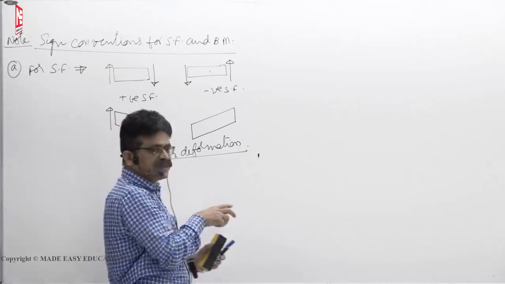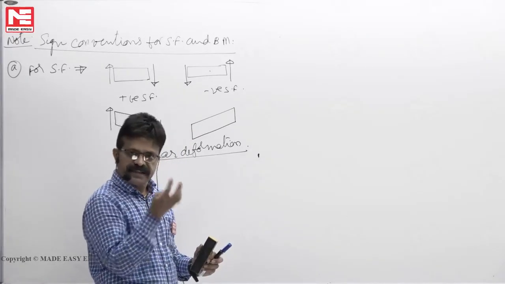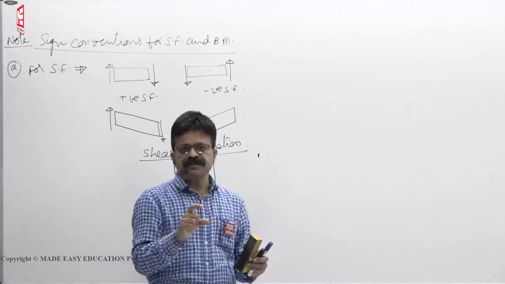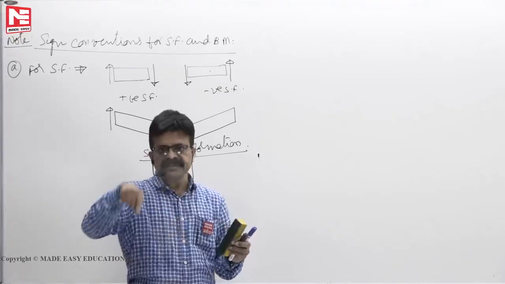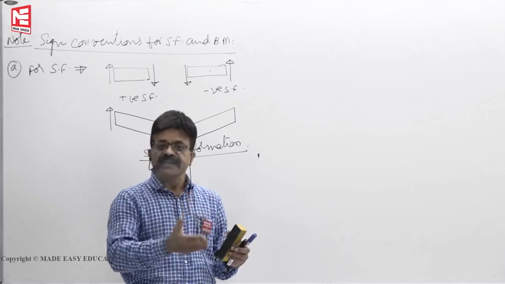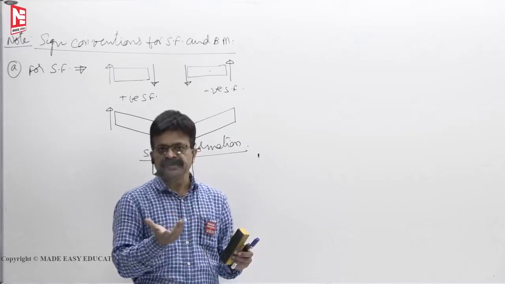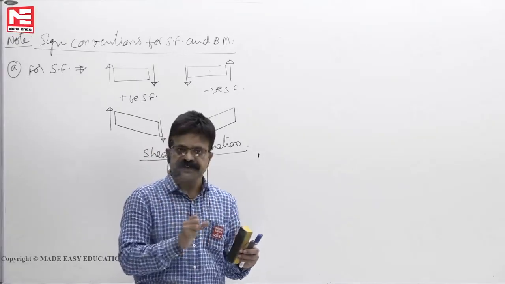So, this shear deformation you will consider in the design of steel structures, in the design of lacing, design of battens. Wherever a solid web is not there, like Vierendeel trusses, the web is not solid and it is discontinuous. So there also you have to consider shear deformation. In RCC deep beams, as your sir might have told you, you also have to consider shear deformation effects.